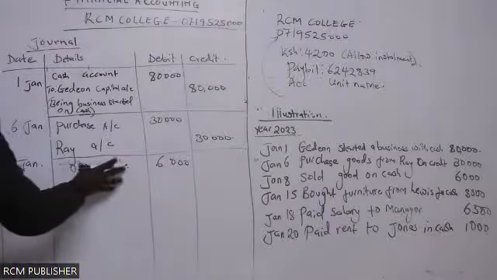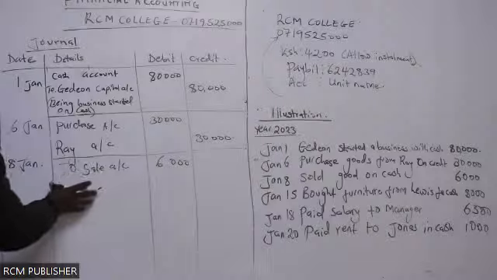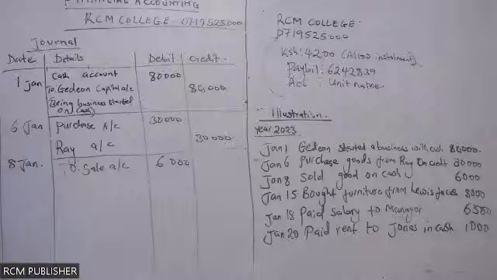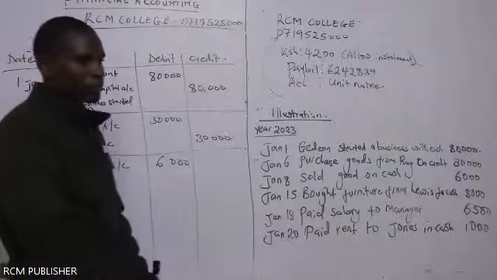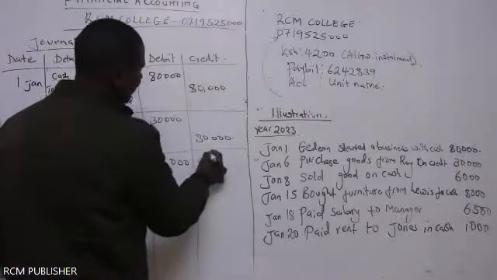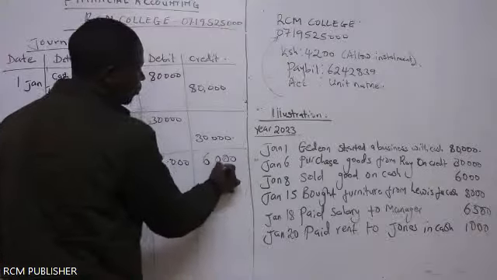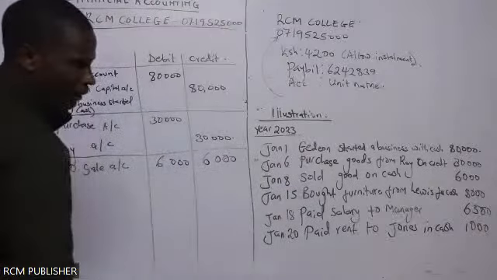So we debit the sales account, and then what other account are we going to credit? It is the same account. You just credit the same. We have sold on credit here too.